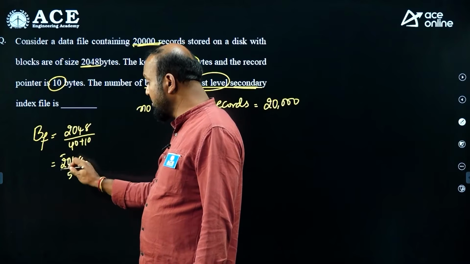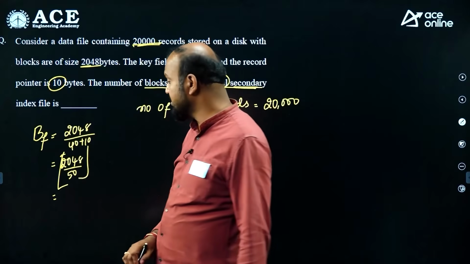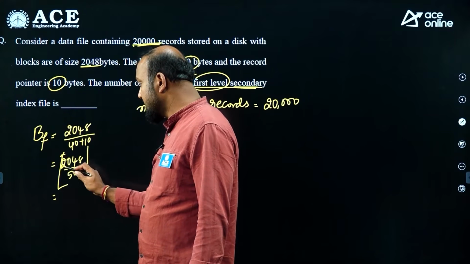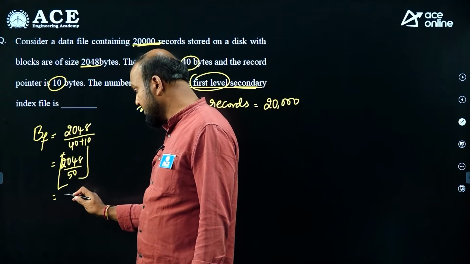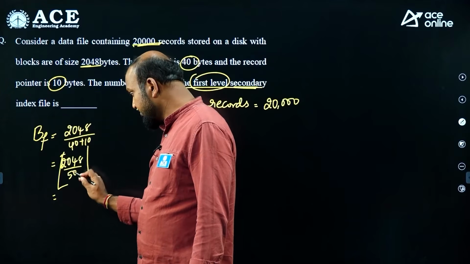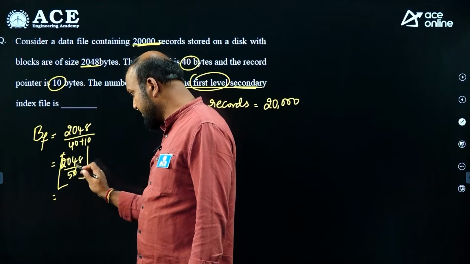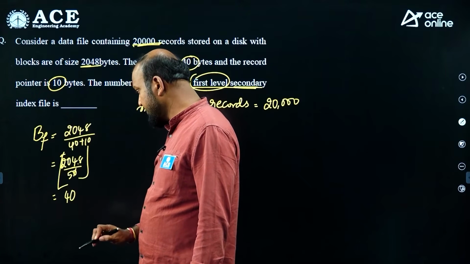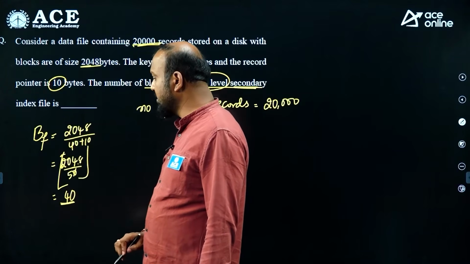And it should be the lower bound, no fractions, because an index always has fixed length records. 2048 by 50, how much? 204.8, we have to ignore the fraction, 5 4s are 20 and 40. 40 is the blocking factor.